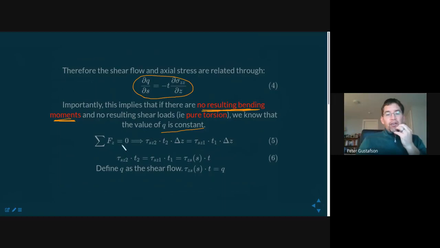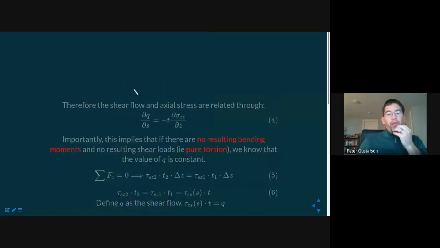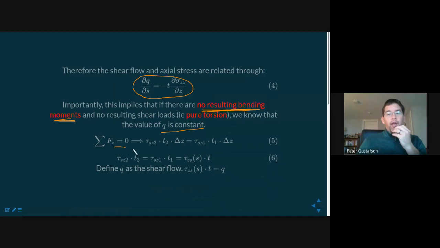What we see here is the sum of the forces has to be equal to zero, which we can then say is going to be equal to, well, we know the shear flow here, we know the thickness here, we know the length delta z there. So we know the differential force in that direction. We know the differential force in that direction. We know they sum to be equal to 0.